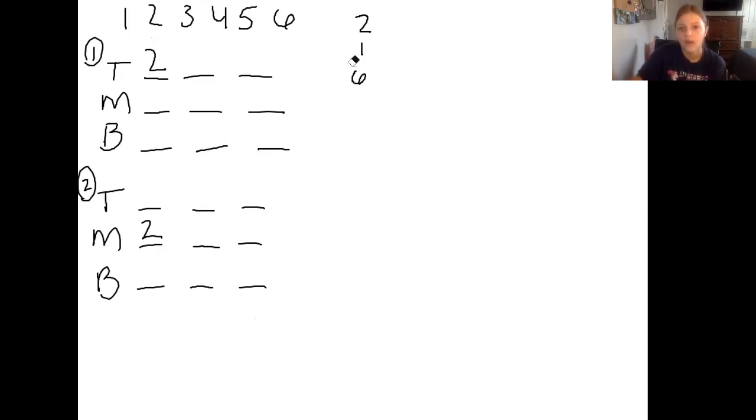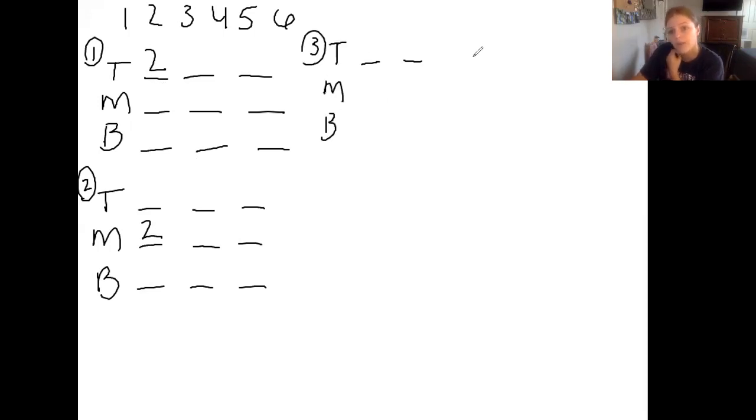So if 2 is above 6, then I'm going to look at my world 1. We always go back to our world 1. I'm going to ask myself, where can 6 go? Well, I can put 6 in the middle, and I can put 6 at the bottom, because 2 just has to be at least 1 shelf above 6. So I'm going to make another world of a top, middle, bottom.